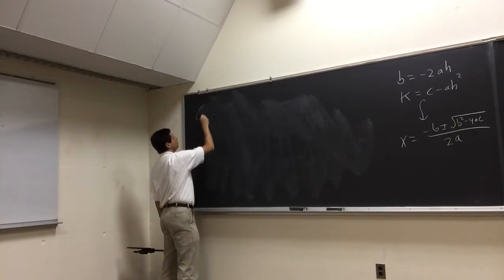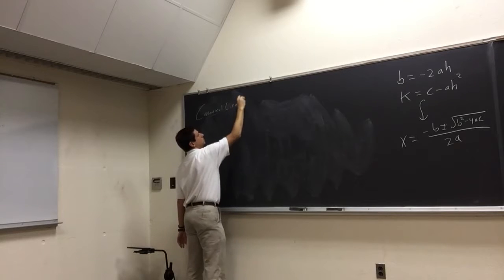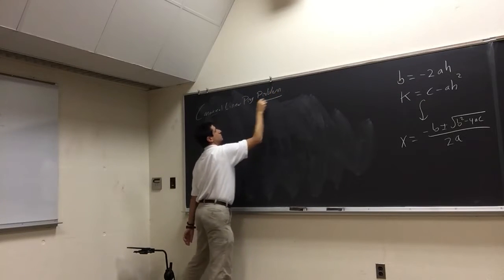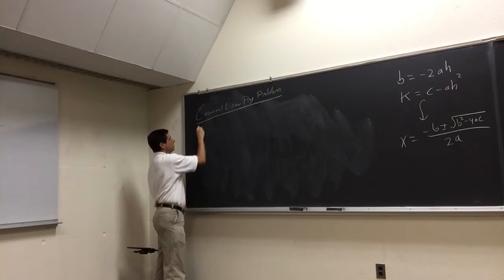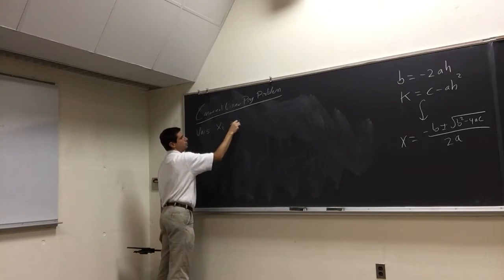Okay? So canonical form, our linear programming problem. Okay. So we have variables xi, which are greater than or equal to 0.